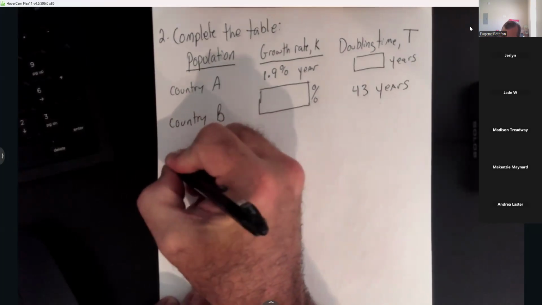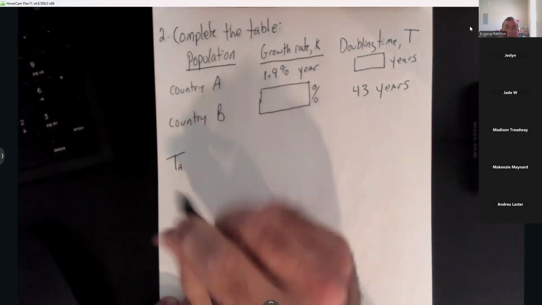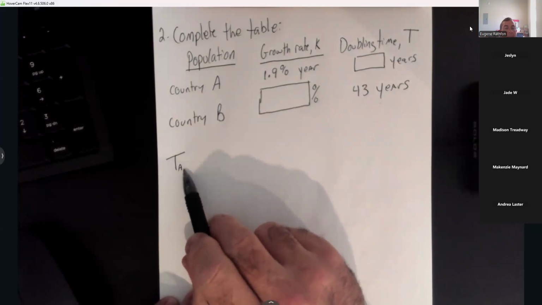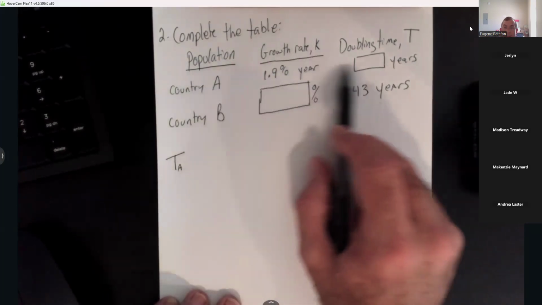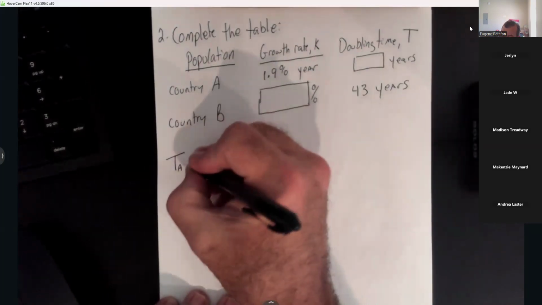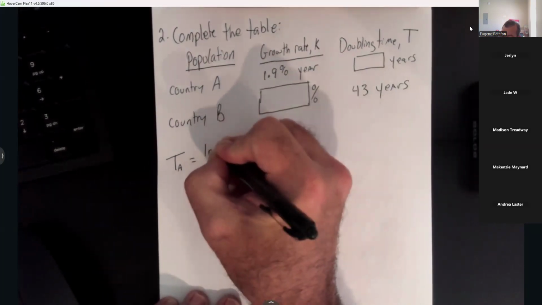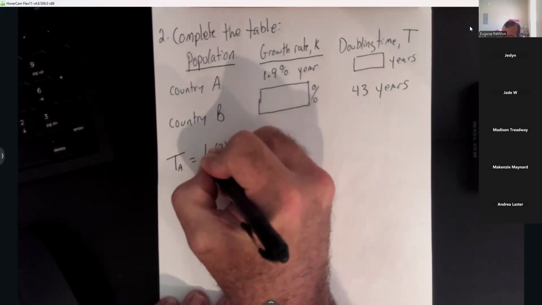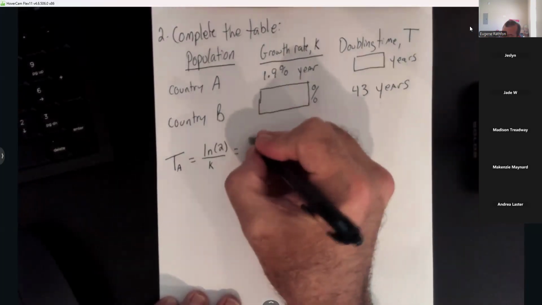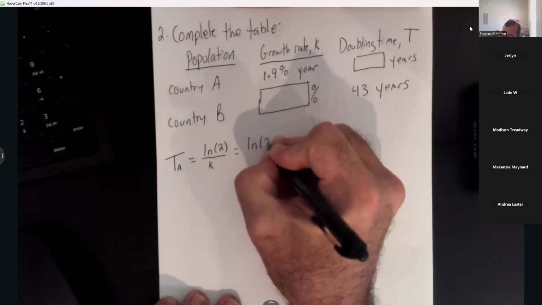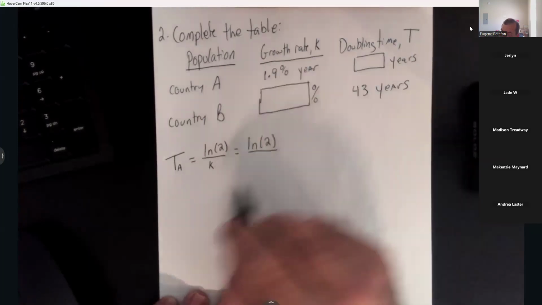So that's going to be a capital T. And then I use, this is doubling time, and I'm putting the A here to represent the doubling time of A here, okay? That equals ln of 2 divided by its K. So y'all, that'll be ln of 2. Now look here.